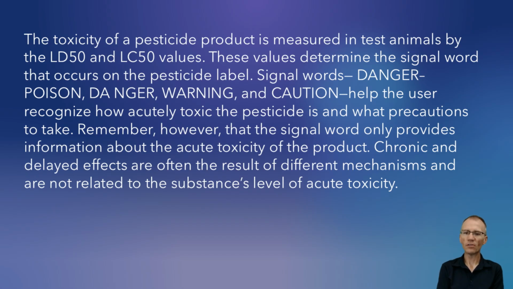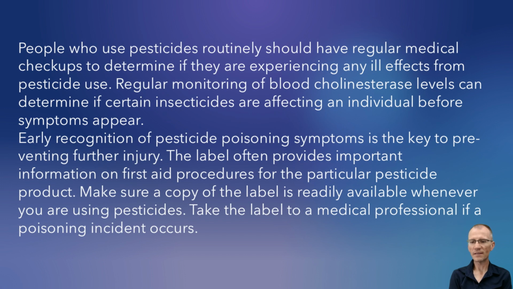Remember, however, that the signal word only provides information about the acute toxicity of the product. Chronic and delayed effects are often the result of different mechanisms and are not related to the substance's level of acute toxicity. Recognition of pesticide poisoning symptoms is the key to preventing further injury.